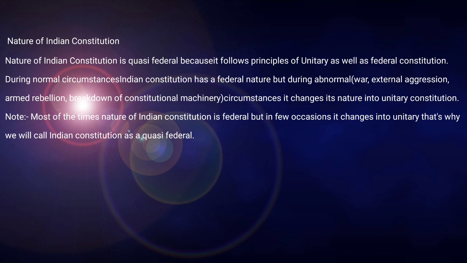Now with this we have come to an end of this session. If we have a brief analysis of this class, in this class we discussed what is a constitution, what are various types of constitutions, and we also discussed what is the nature of the Indian constitution. And from tomorrow we will start the various provisions of the Indian constitution.